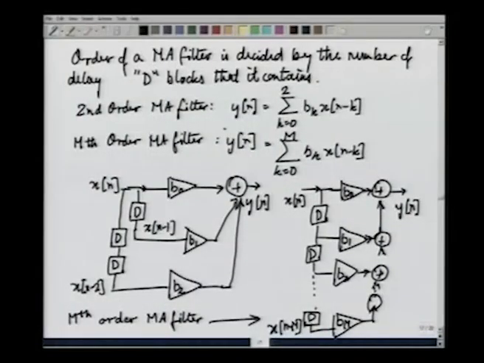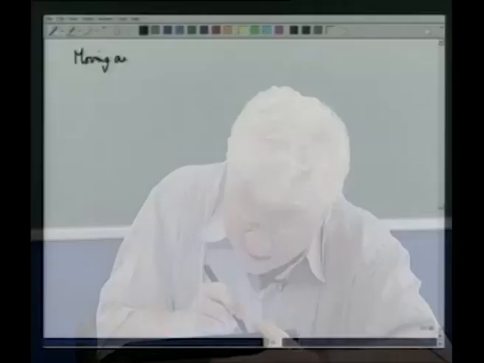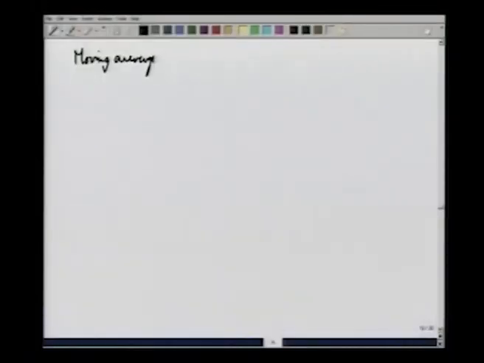This is the general form of the mth order moving average filter, of the discrete kind, of course; we are presently involved only in discussions about discrete systems.